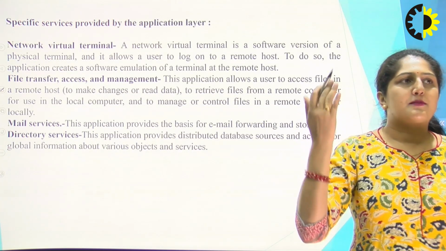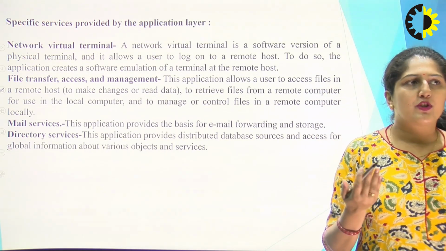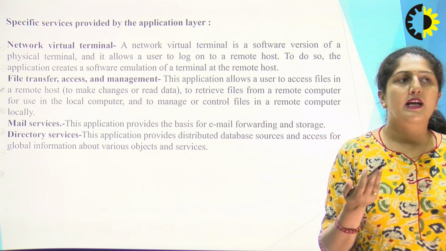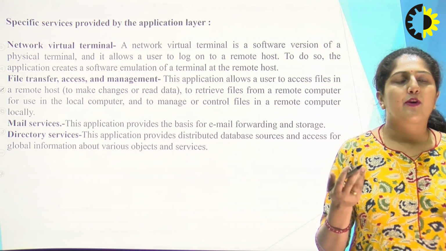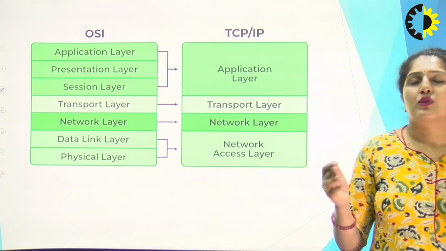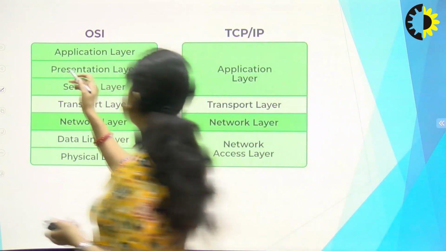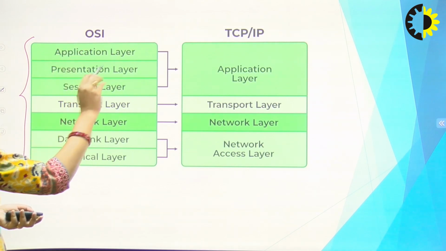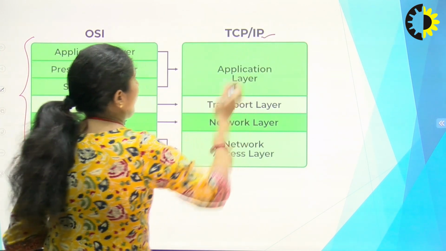Its responsibilities are network virtual terminal, file transfer and access management, where we use FTP, mail services using SMTP, and directory services. So these all are the OSI reference model. We are calling it a reference model because from this we make the TCP/IP model.